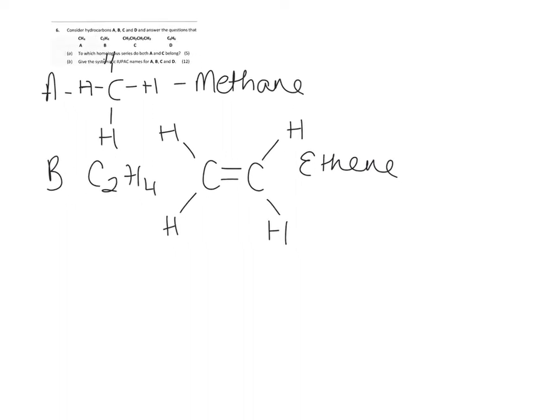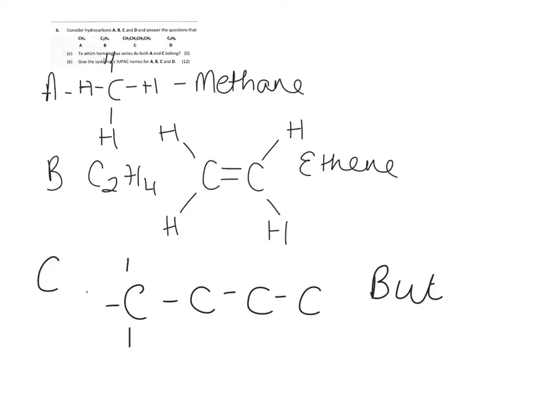Okay, compound C, if we have a look, it's a little bit longer. We have CH3. I'm just going to draw it out actually. So I have 1, 2, 3, I have 4 carbons. So straight away I know that meth, eth, prop, that's but. And then we have to assign each one their hydrogen.